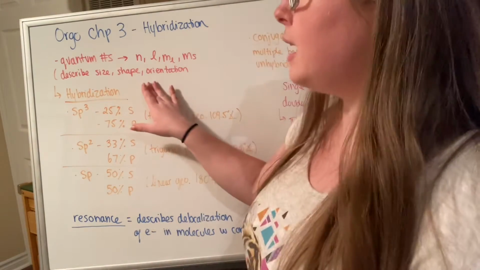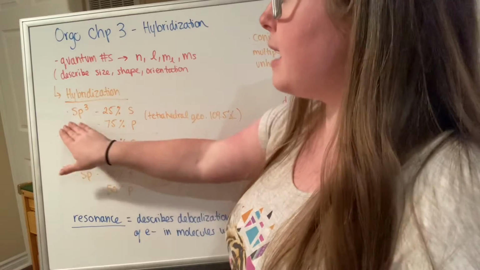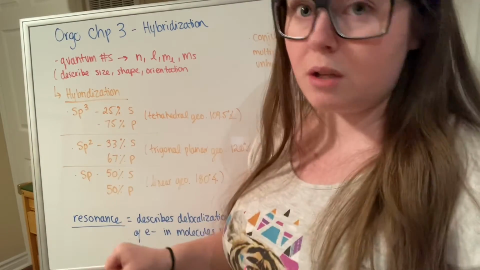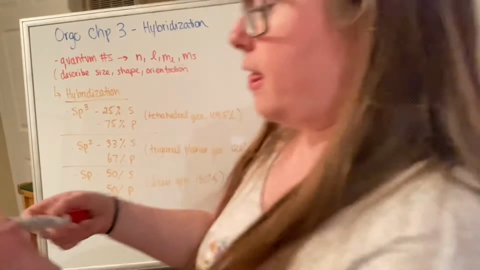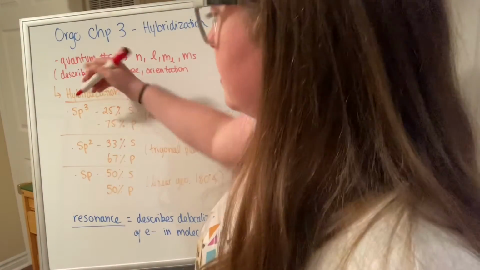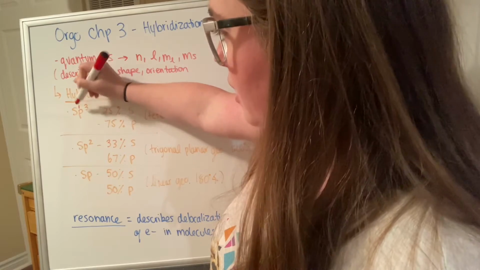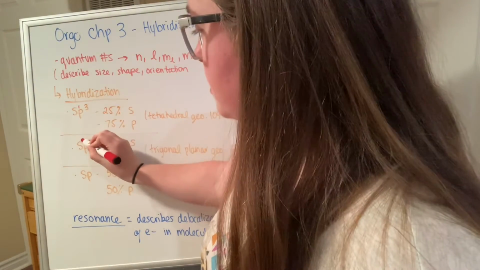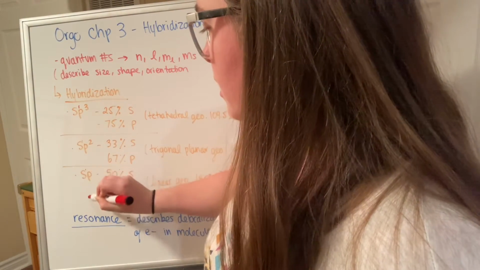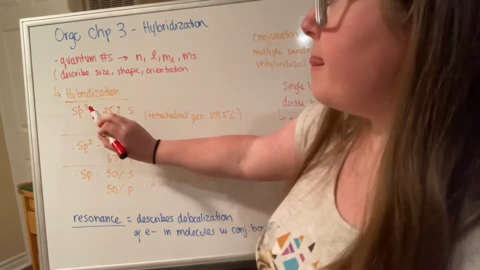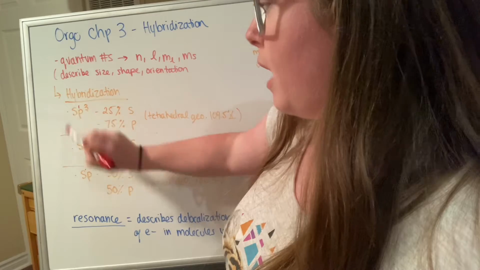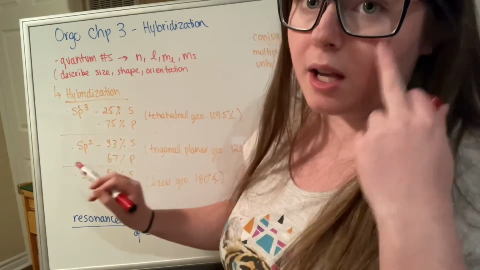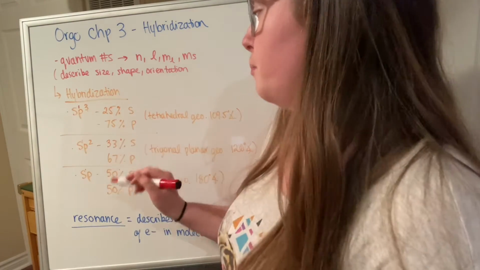So if we're looking at types of hybridization, we have sp3 hybridization, which means you can picture the s as having a superscript of 1, and the p's adding up to 3. So this carbon would be bonded to 3 plus 1, so the carbon would have 4 bonds in sp3 hybridization.